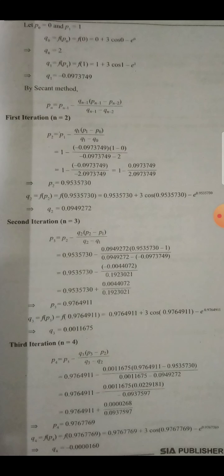Therefore, p4 equals 0.9767769. Now we will find q4.